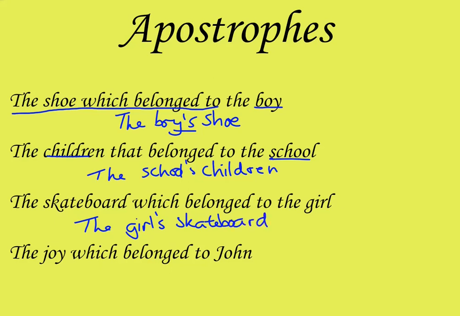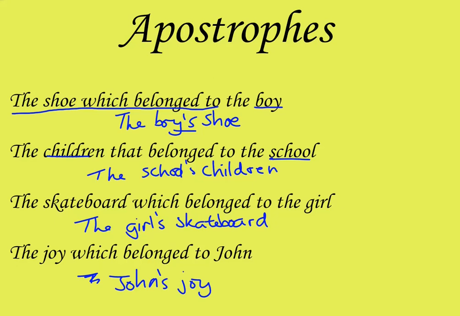And the joy which belonged to John is John's joy. These phrases are a lot more commonplace. They're the ones that you would usually use. I can't imagine any of you coming up to me saying, the shoe which belonged to the boy is missing. You'd say the boy's shoe is missing.